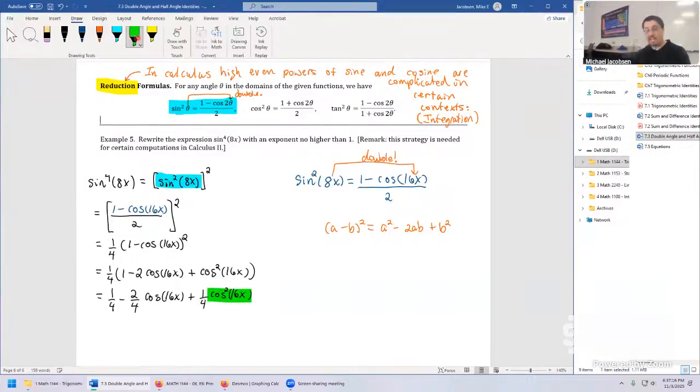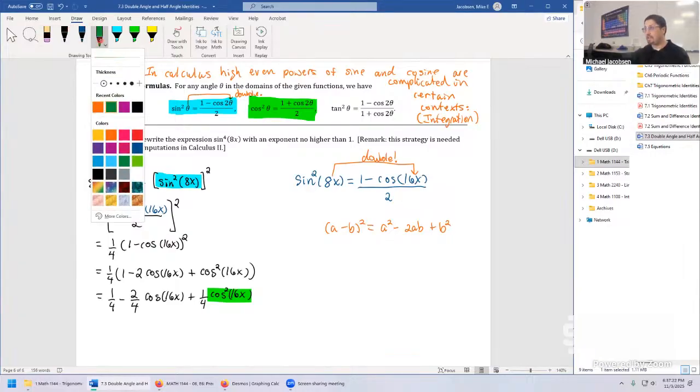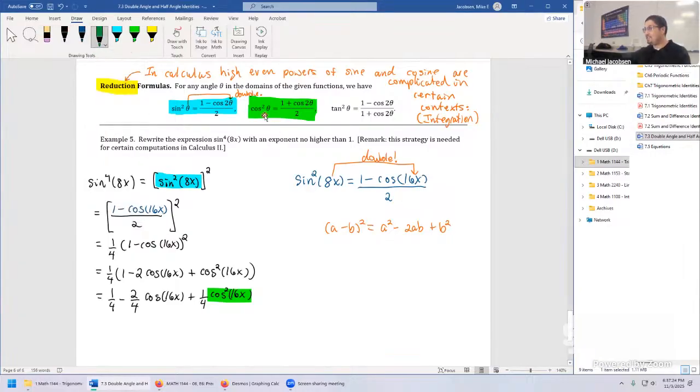So now we need to run an identity through this one. That'll just be the second identity down below, or I guess that's up above, rather. So let's write it in the form that we see it. We have cosine squared 16x becomes 1 plus cosine. Like we mentioned before, whatever your input happens to be, double it. So this time we get 32x.